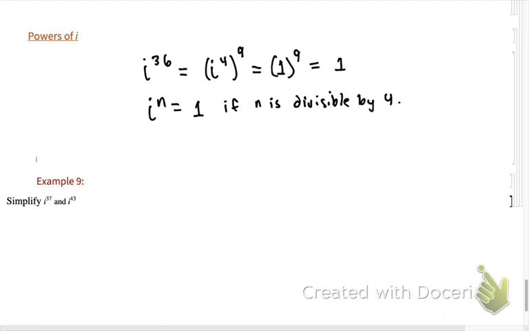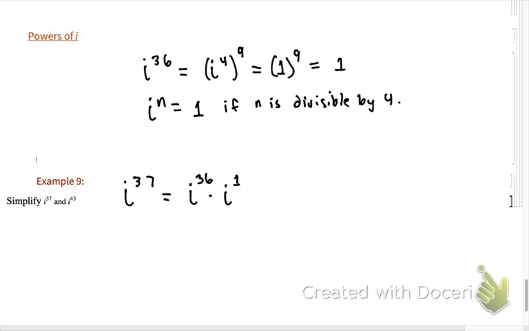Now on the bottom, if I'm going to do something like i to the 37th, what I always do is split it up as a product of two powers of i, where one power is the largest number I can think of that's divisible by 4. So this i to the 37th could be written as i to the 36th times i to the first power.